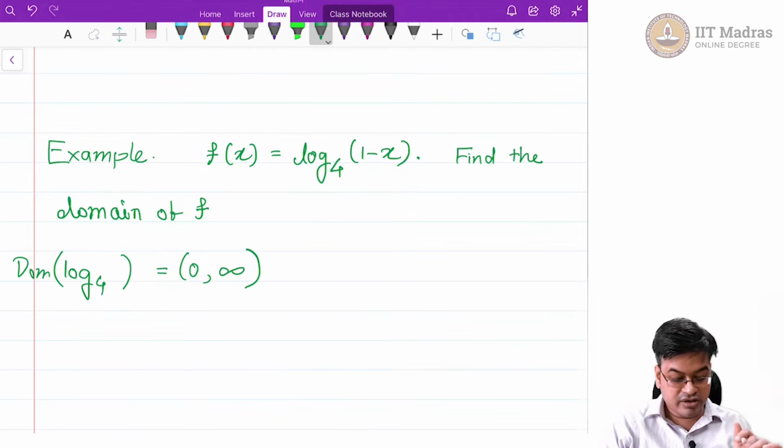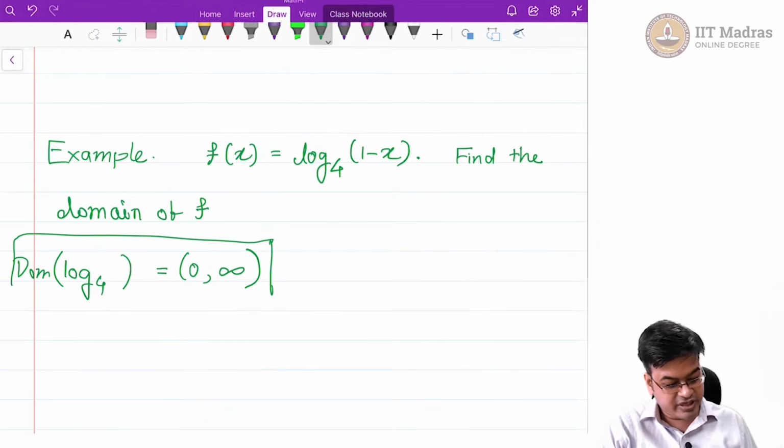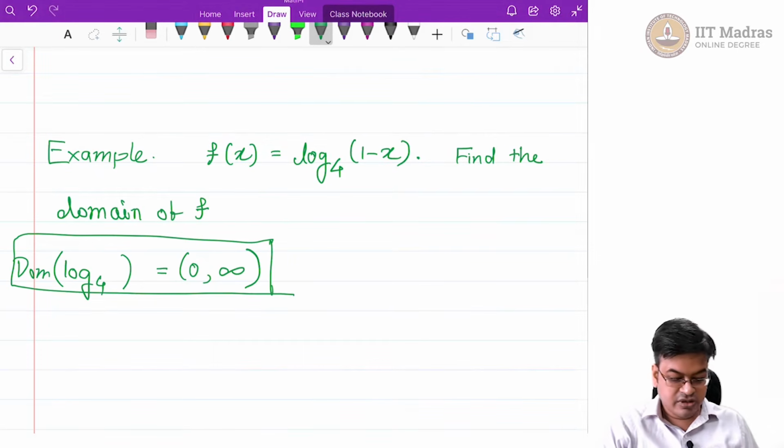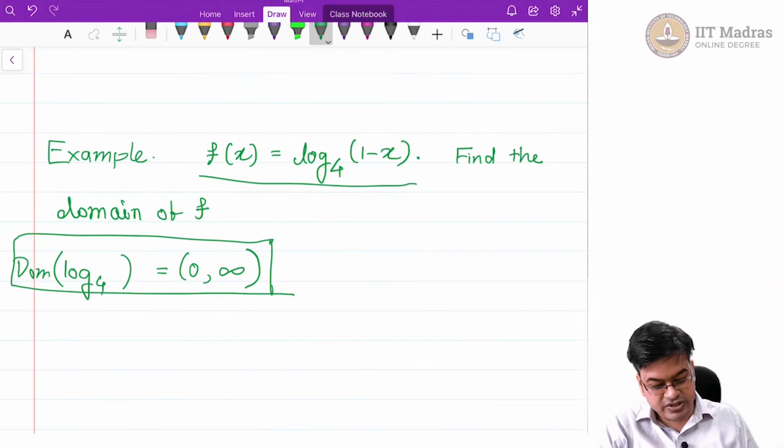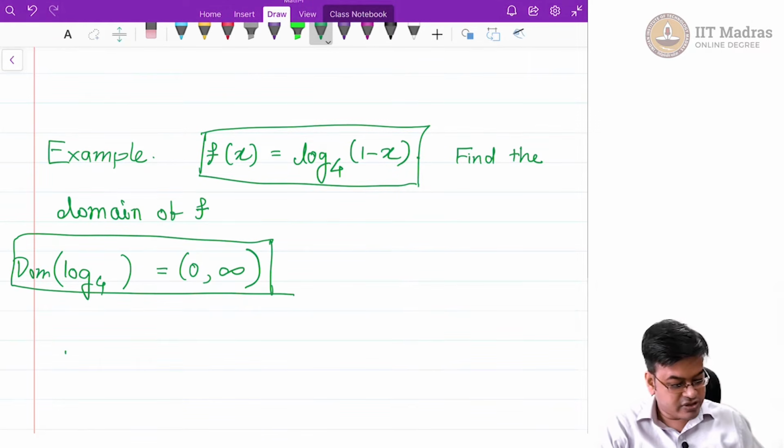Now that means the argument supplied to log to the base 4 cannot be 0, correct, or a negative value. So based on this understanding from the definition of our log function, look at the argument of f of x, which is 1 minus x.